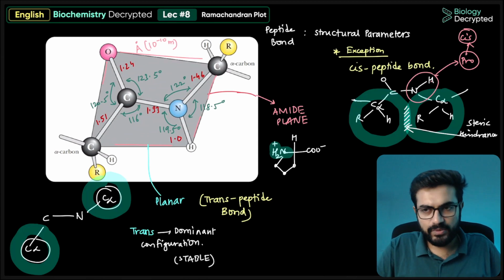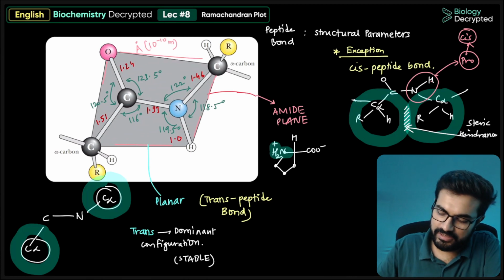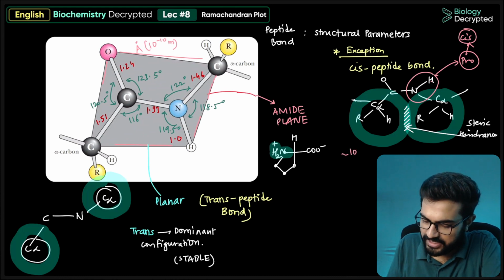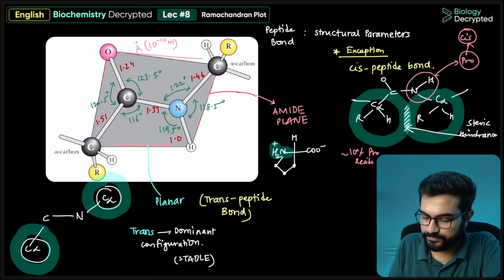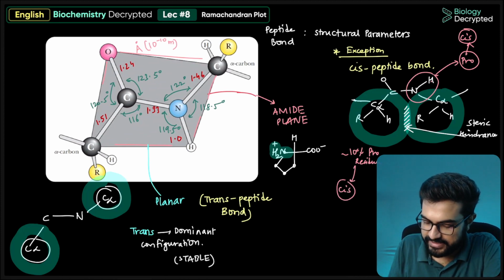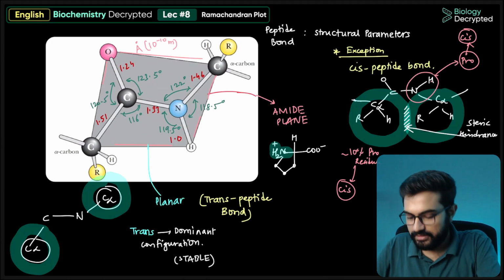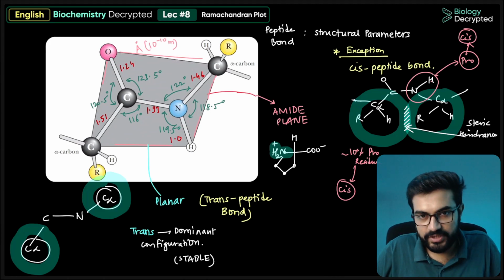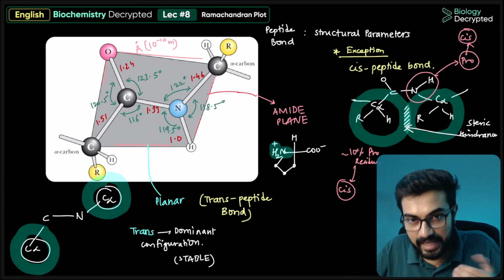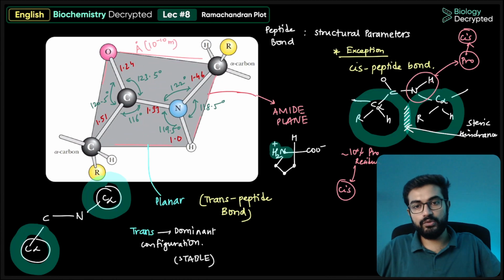In the cis one, at least there will be more stability. Approximately 10% of the proline residues found in proteins are found in cis configuration, which is an exception to the general rule applicable to all other amino acids.